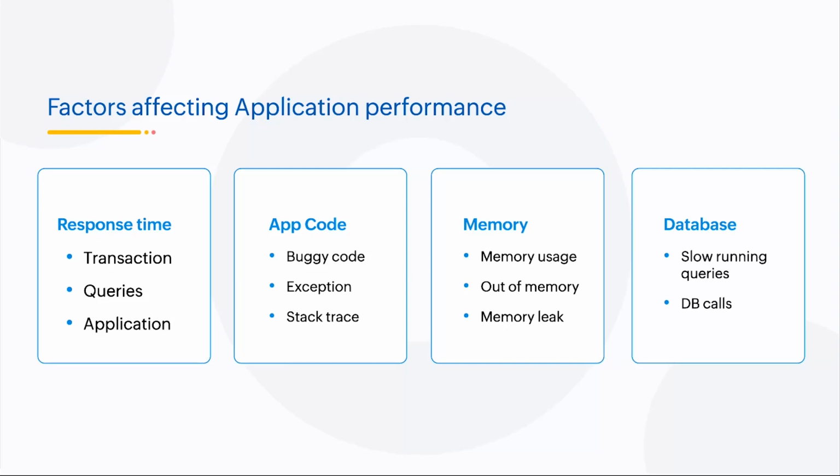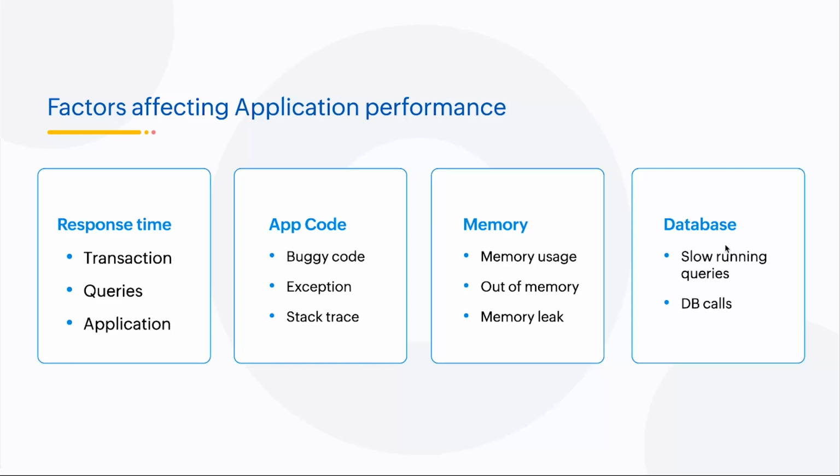So transaction response time refers to the total time taken from the initiation of the request to the receipt of the final response. Query response time is the time taken for database queries to execute and return results. So slow or unoptimized queries can significantly degrade application performance. And overall application response time includes processing time, network latency, and any additional delays.